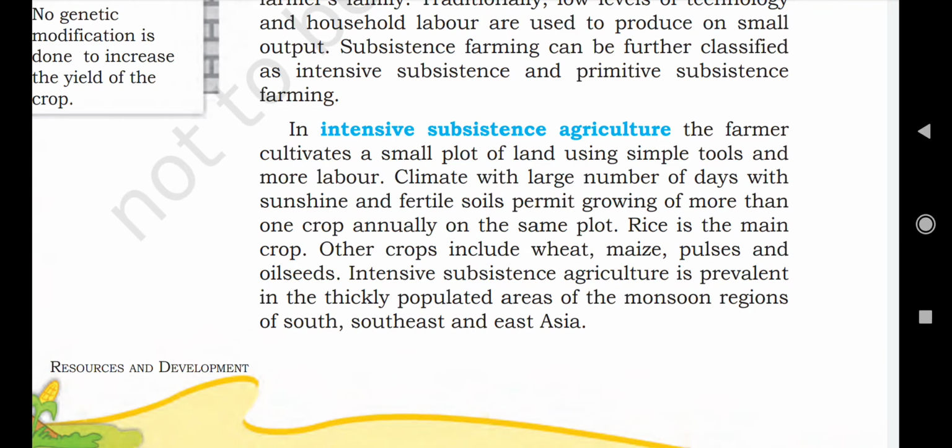They do not have proper arrangement for farming. They only depend on rain and their traditional tools. So they only grow one crop annually, and rice is the main crop for intensive subsistence agriculture. Other crops include wheat, maize, pulses and oilseeds.